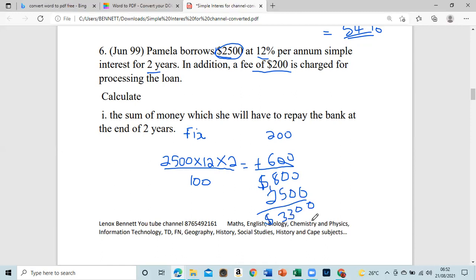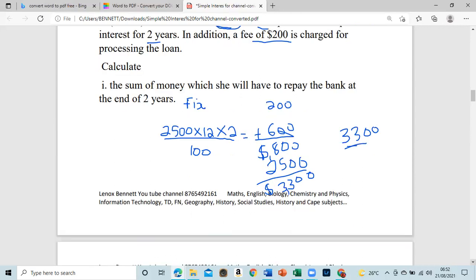She pays back the simple interest plus the fixed fee plus the 2.5 she borrowed. So in essence, she has to pay back 3,300.